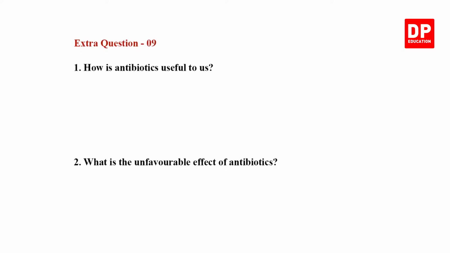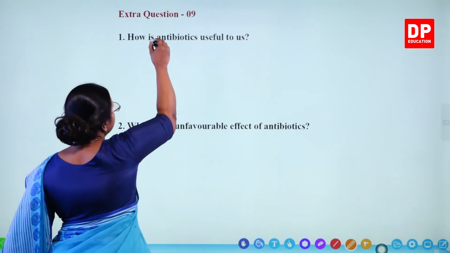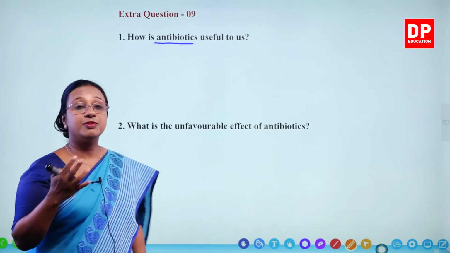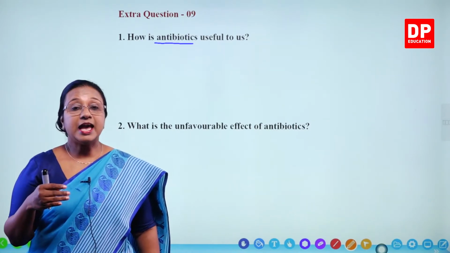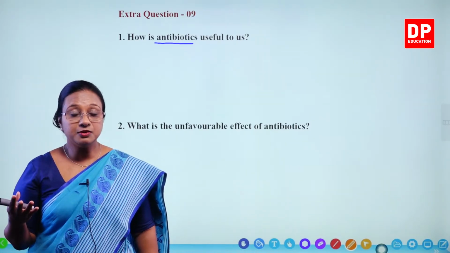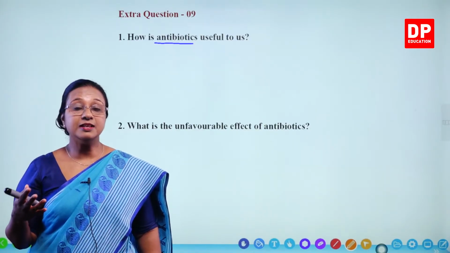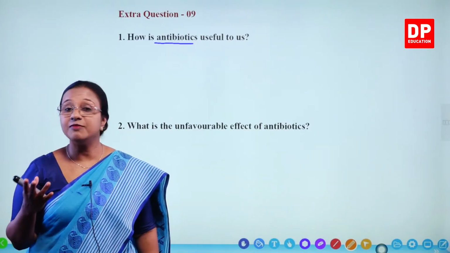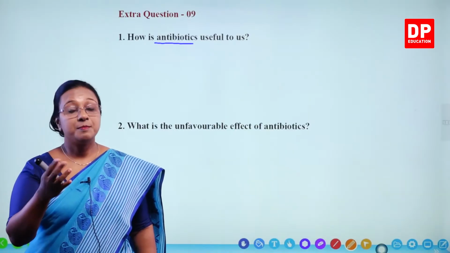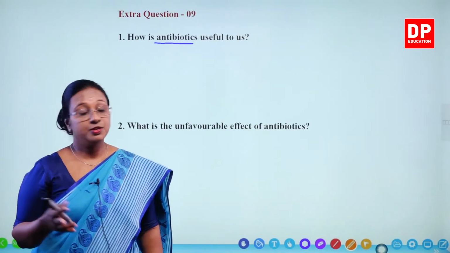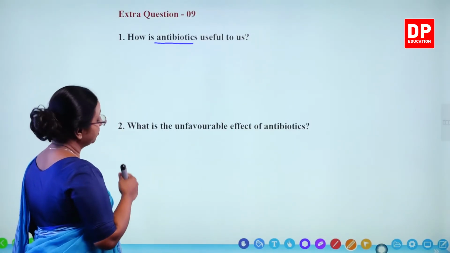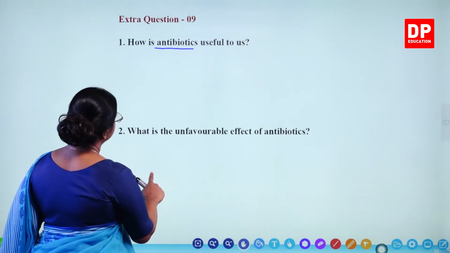Extra question 9. How is antibiotics useful to us? Useful to man. We take antibiotics either as a cure or to prevent diseases caused by what microorganisms? Bacteria and fungus. So that is how we use antibiotics.